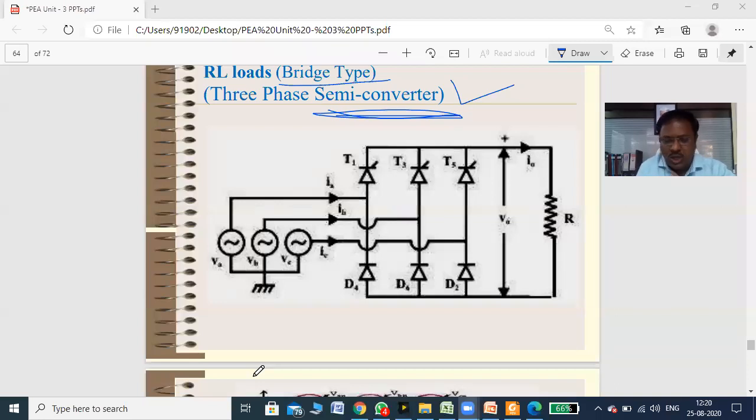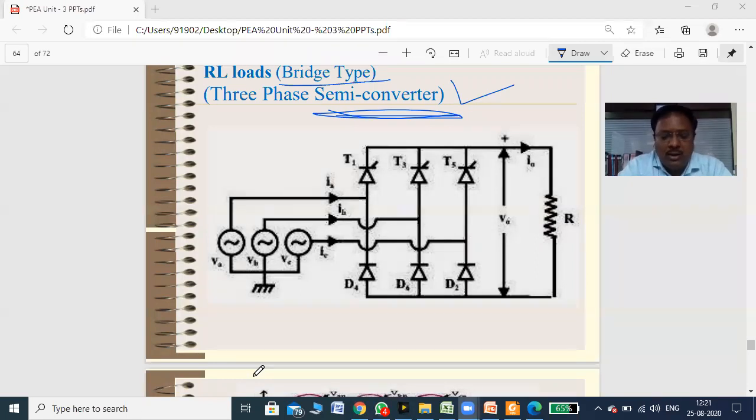So this particular converter is called a semi converter, or a half controlled bridge converter. In this converter we are using 3 SCRs and 3 diodes. The freewheeling diodes, which you may use with the midpoint converters, are eliminated, because D2, D6, and D4 will work as freewheeling diodes.